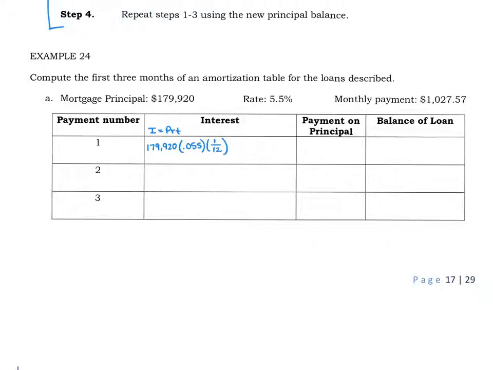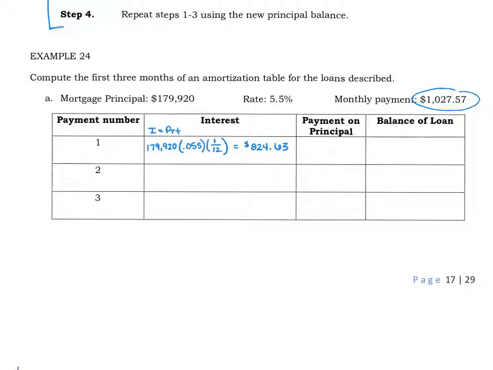So we're talking about 1/12 of a year. It's 1 month of the year. When you multiply those values together, you will find that the amount of interest being paid from your payment is $824.63.